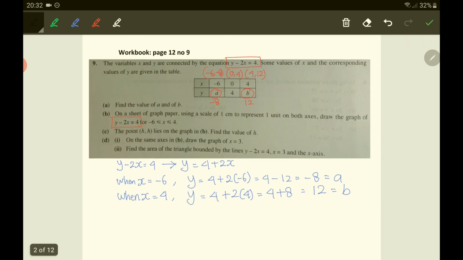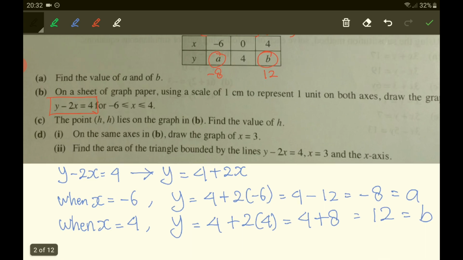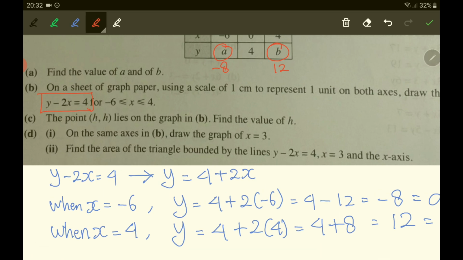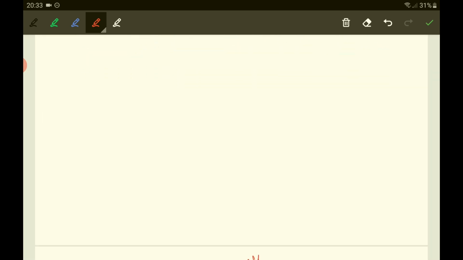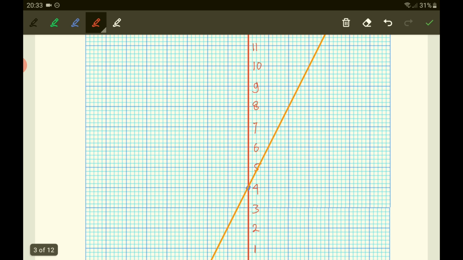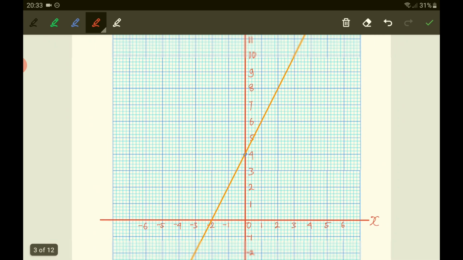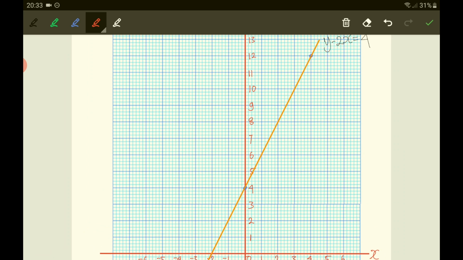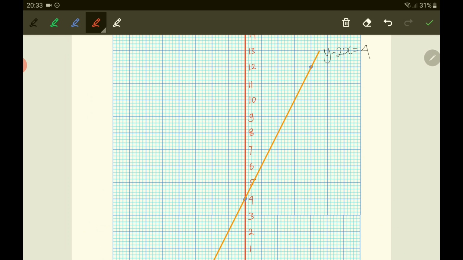Done. We finished the B part, and now is the C part. The point h comma h is one coordinate on the line, on the graph. This coordinate has the same value of x and y, so we have to observe it from the graph that we just made. We are looking for the point where the value of x is equal to the value of y.